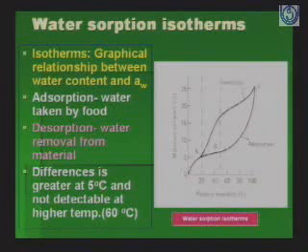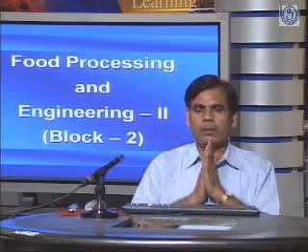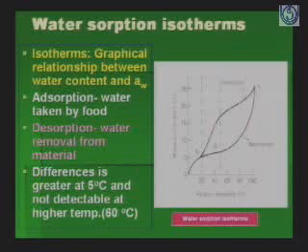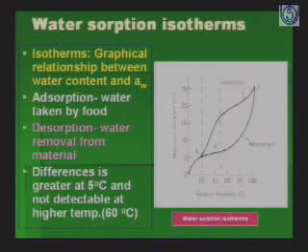Then coming to water sorption isotherms. Isotherm is the graphical relationship between the water content and the water activity. Here you can see that when the product is stored at different relative humidity, it absorbs water from the surroundings. If water is taken up by the food at different relative humidity, that is called absorption.